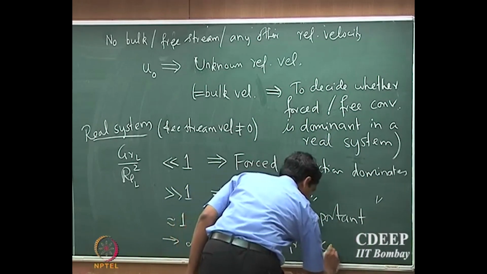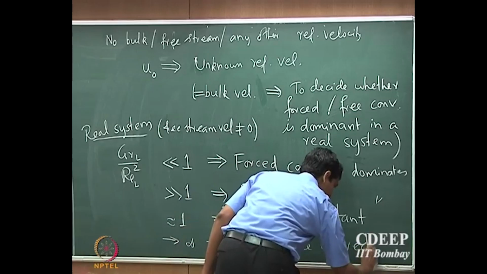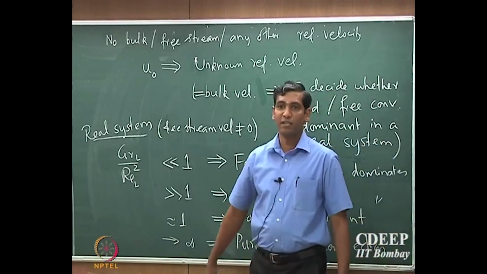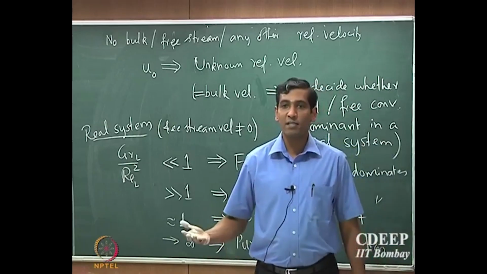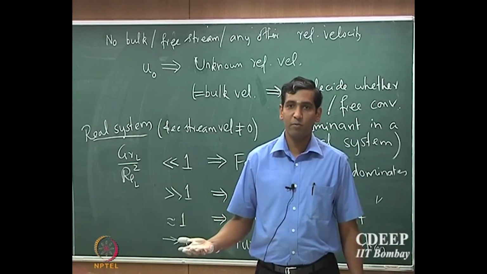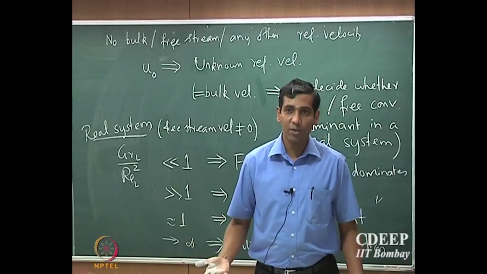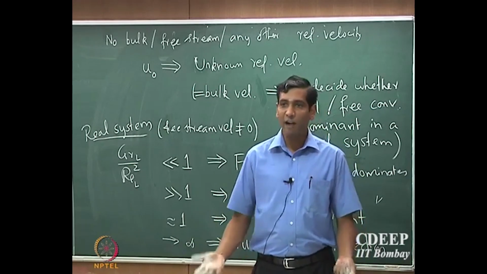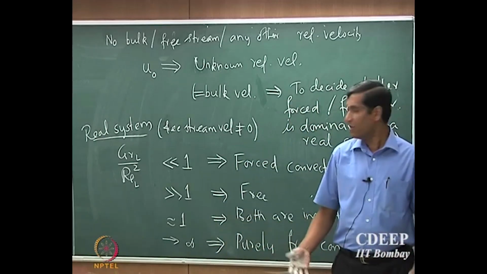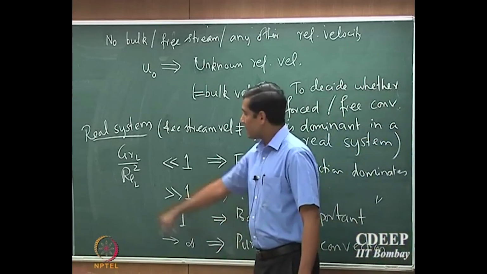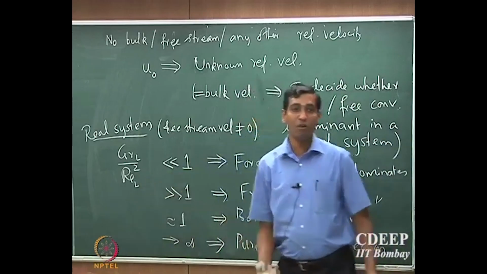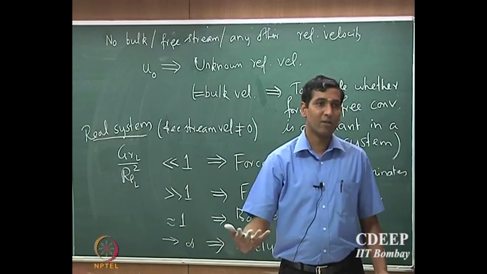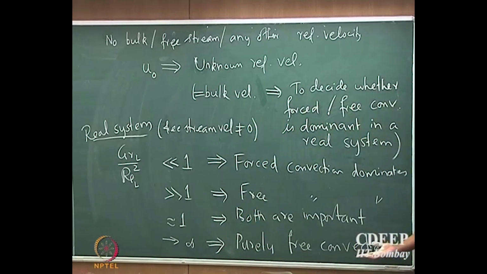When it goes to infinity, it simply means that the bulk Reynolds number goes to 0, which means that the bulk velocity is 0, which is the definition of free convection. We started by assuming that it's a quiescent fluid. So when this tends to infinity, the Reynolds number is 0, the bulk fluid is at rest, and it's a purely free convection problem.